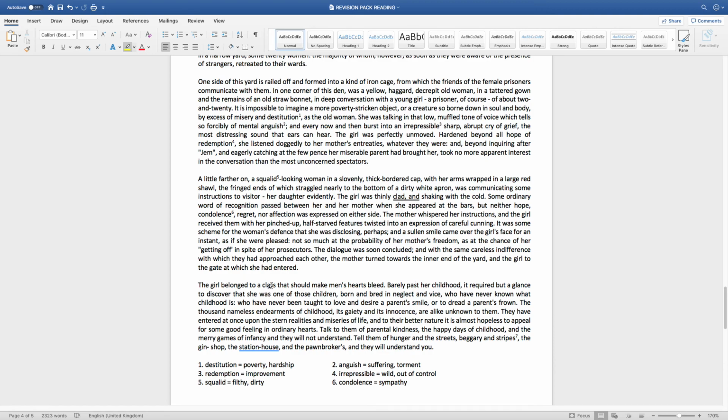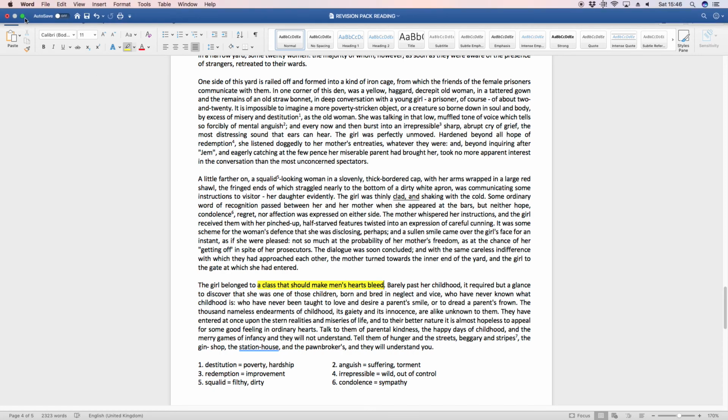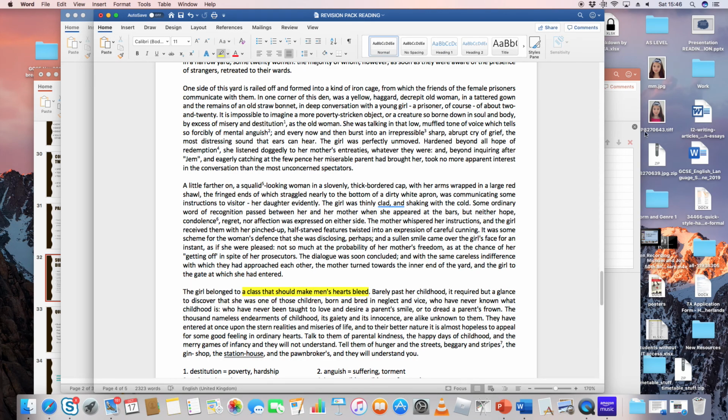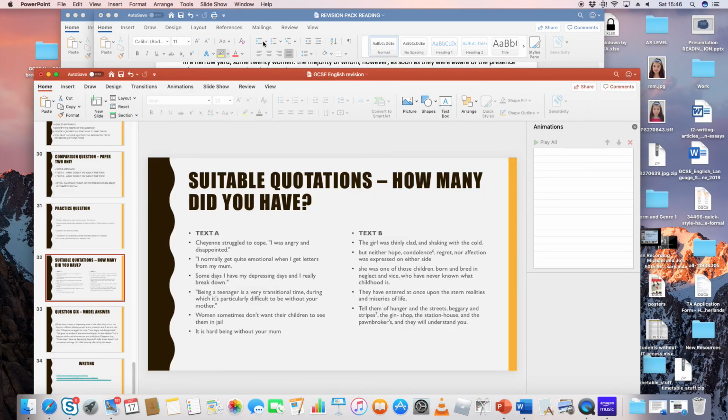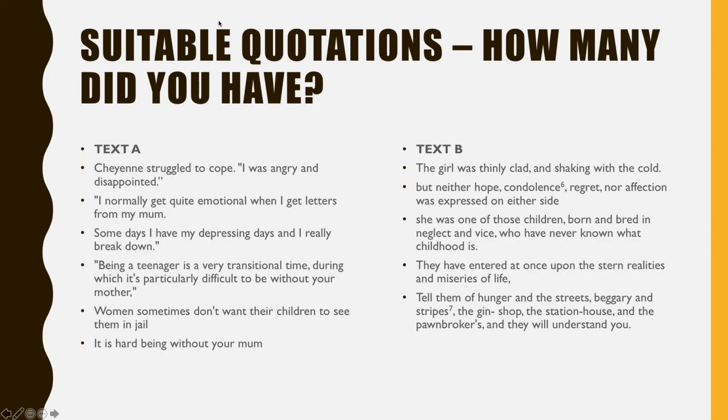All of this, and this phrase here, belong to a class that should make men's hearts bleed. He's being very clear and obvious about the emotional appeal to your heart, which is what Dickens was trying to do there. So you've got the quotations, and you can look at technique if you want to.